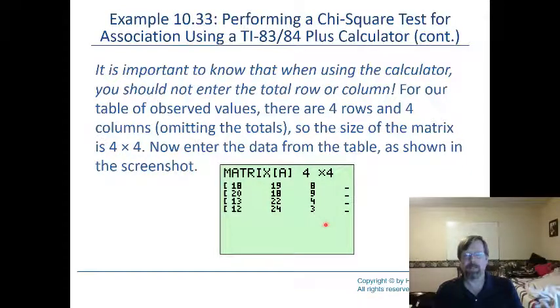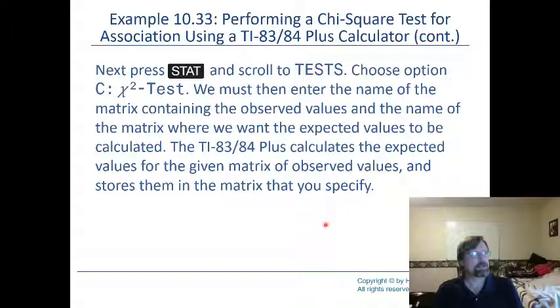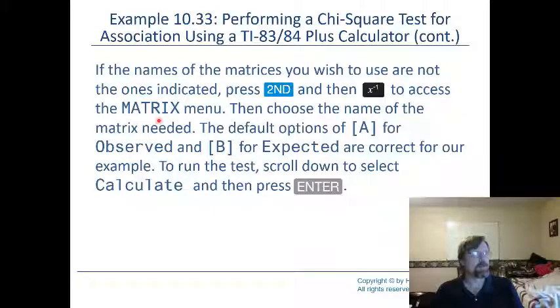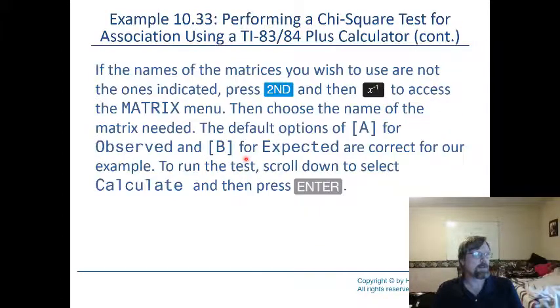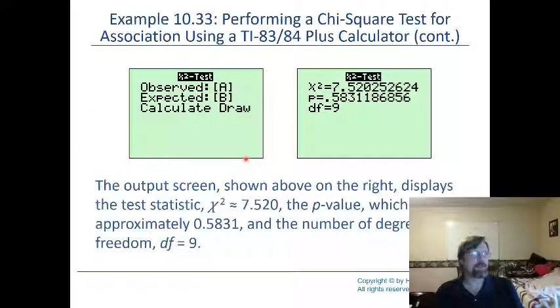Tell it we want to do a chi-squared test. Give it the matrix we want. It will calculate the expected values and store them for us as B. And then it will calculate our chi-squared value and the p-value associated with that.